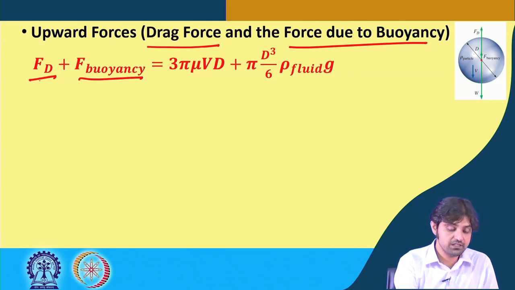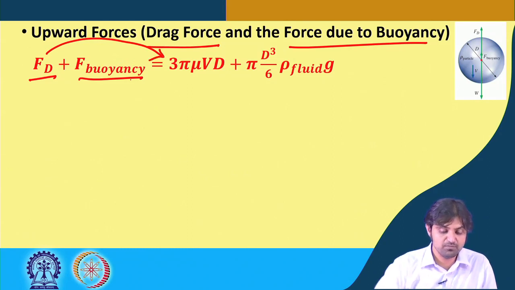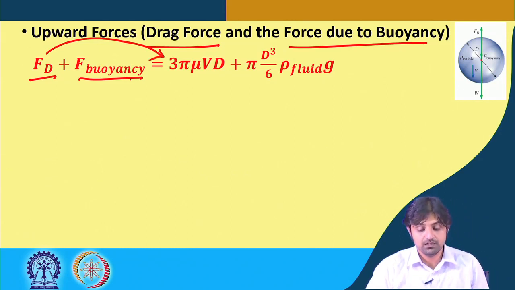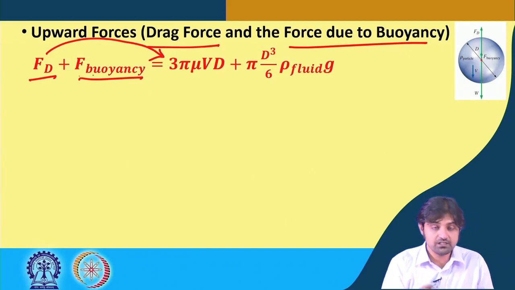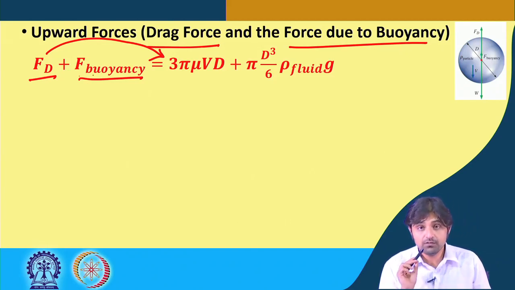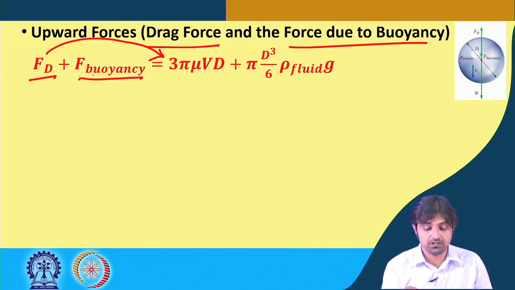As we have already seen a couple of slides back, Stokes derived the drag force as 3 pi mu Vd, right, and the buoyancy force is the weight of the liquid displaced by that sphere.